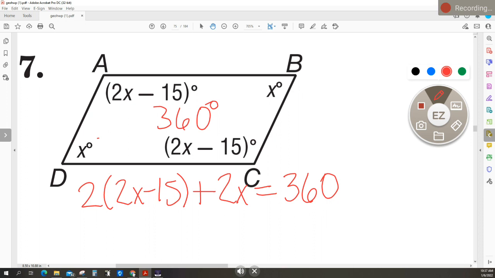Now we can just solve this and find x. So what's our first step going to be? What do we need to do first to solve that? Distribute, right? We need to do the distributive property. So 2 times 2x is 4x. 2 times negative 15 is negative 30.